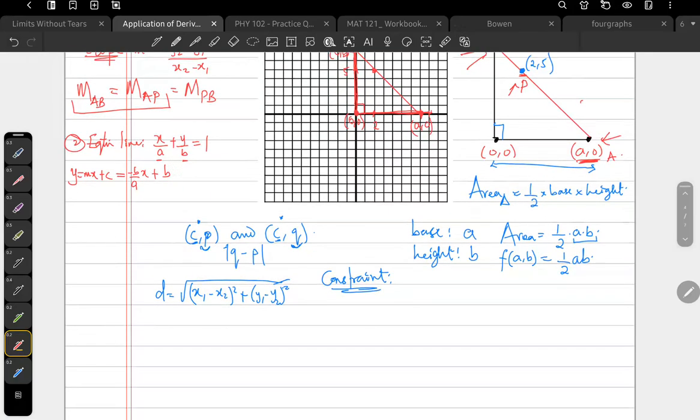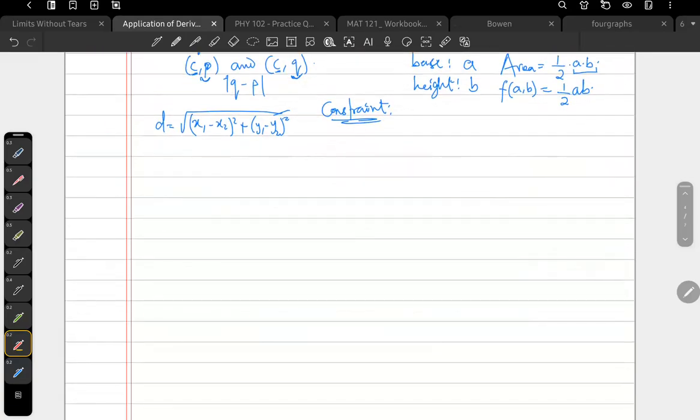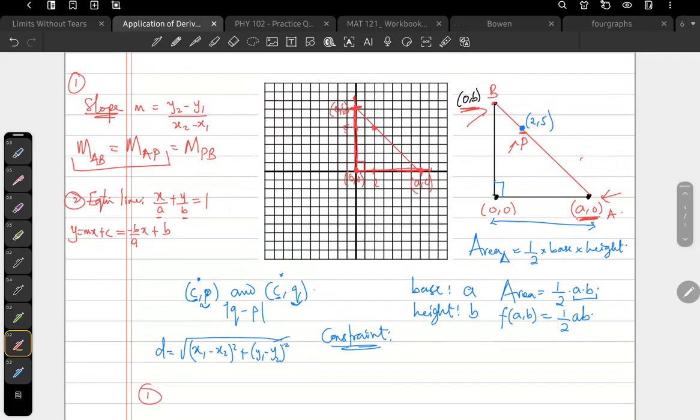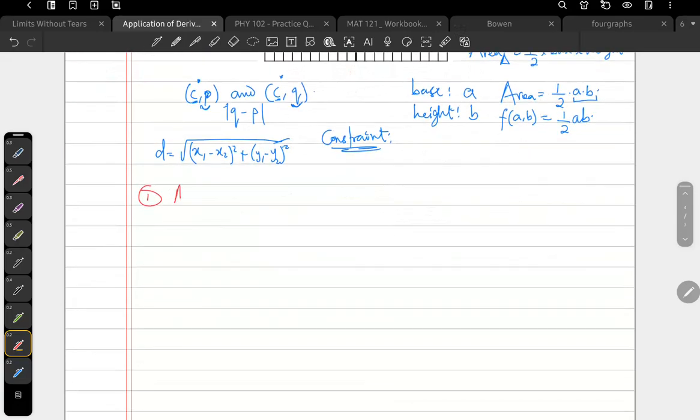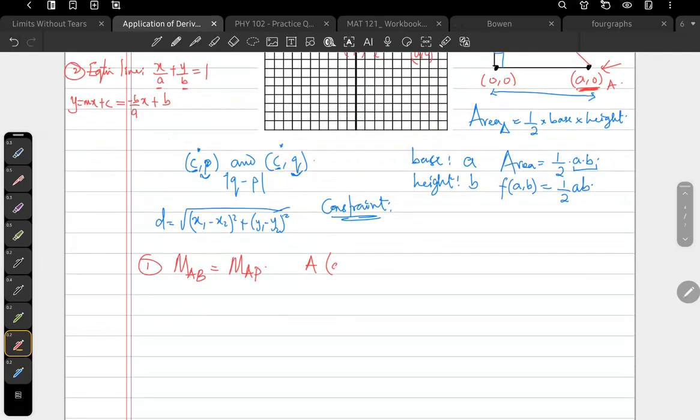So let's generate an equation. We'll see that both methods give the same equation for the constraint. Using the slope between the points, we want to say that the slope AB equals the slope AP, where A is the point (a, 0), B is the point (0, b), and P is the point on the constraint, which is (2, 5).